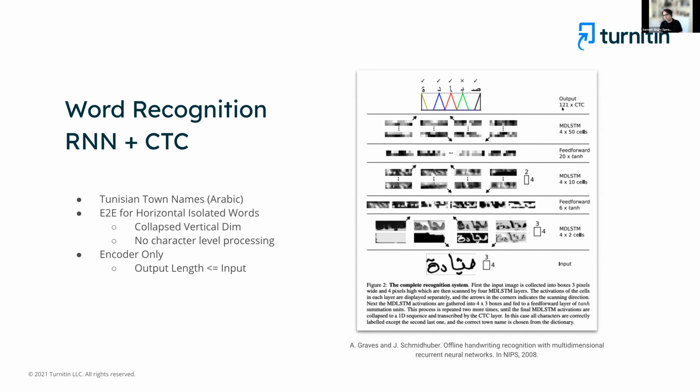In this case, it's 121 embedding vectors. The implicit assumption in this model is that you are only dealing with a single line of text. You're not dealing with multiple lines like a paragraph, and you're definitely not dealing with multiple paragraphs. That assumption is just baked in.